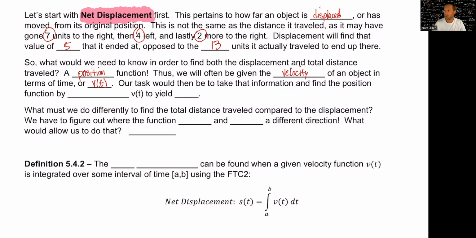So if we were to integrate that v of t, it would give us our position function we called s of t.